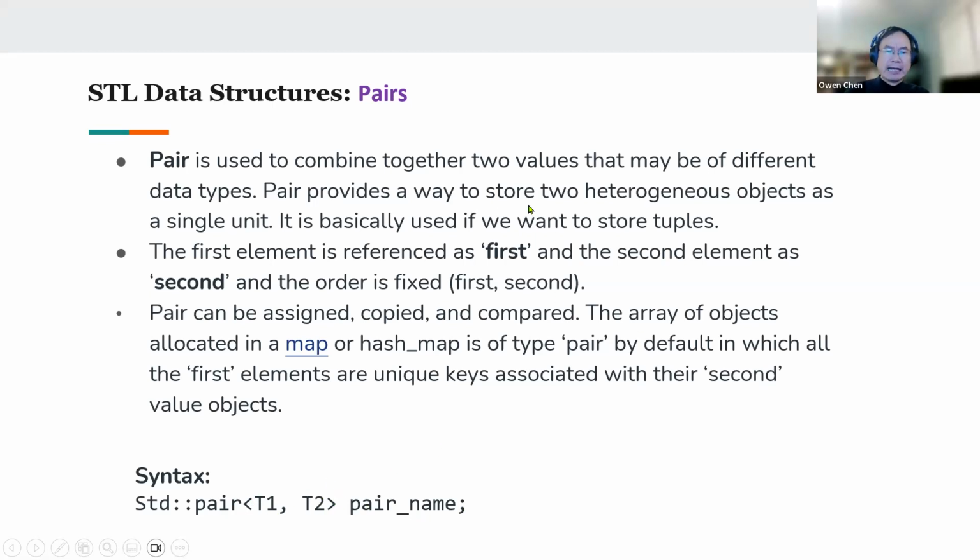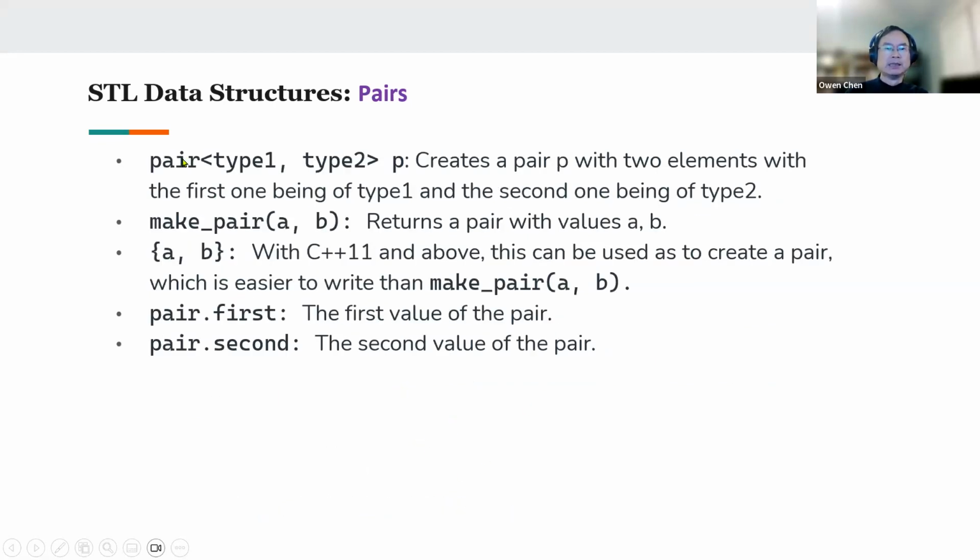And you can access the first variable with pair dot first. So first and second are the two methods you can use to access those two elements inside a pair. They can be the same type or different types.